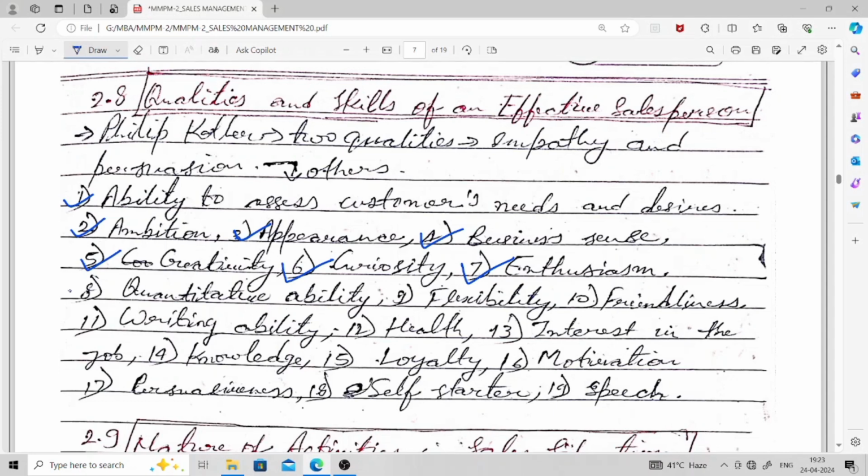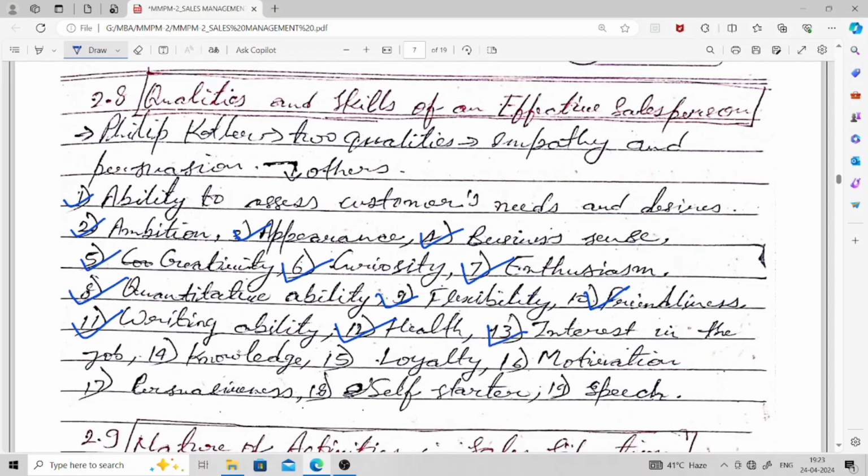Quantitative ability, they should have knowledge of quantitative techniques to analyze different aspects of their work. They should be flexible. And friendly to the consumers or prospects. Writing, they should be able to write clearly, and they should have good health.